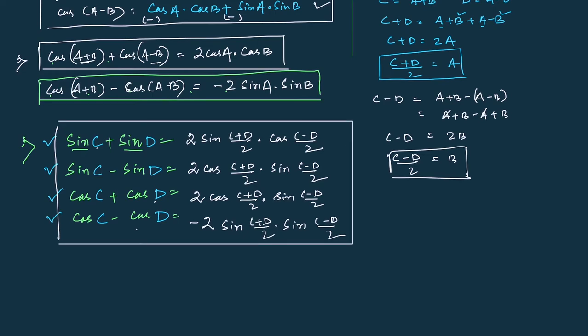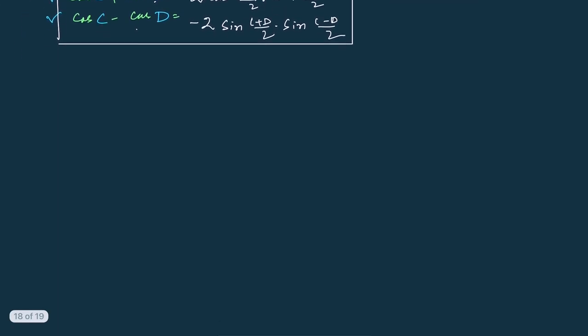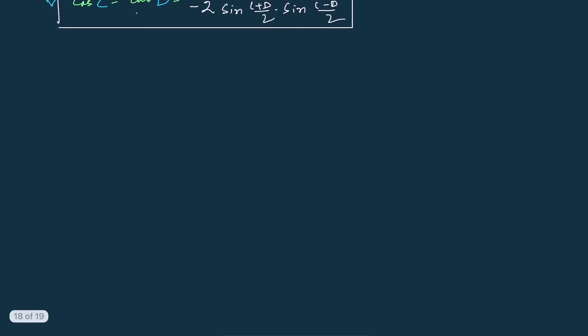Now you remember this formula. This is one of the most important formulas that we have discovered. Now I'm going to write tan(a plus b). The tan(a plus b) formula will be tan a plus tan b divided by 1 minus tan a into tan b.